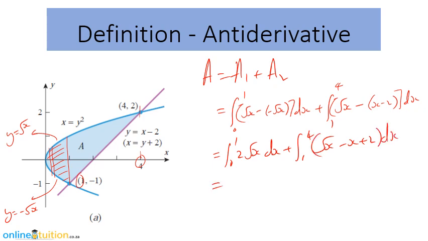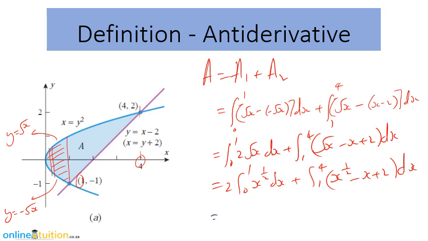The 2 is common, so write this as, not common, but it's a constant. You can take it out. Root x, remember we always wrote it as x to the power half, plus the integral from 1 to 4. This would be x to the power half minus x plus 2. Watch the brackets, watch the brackets. And now we integrate. Do you recall what's the integral of x to the power half?